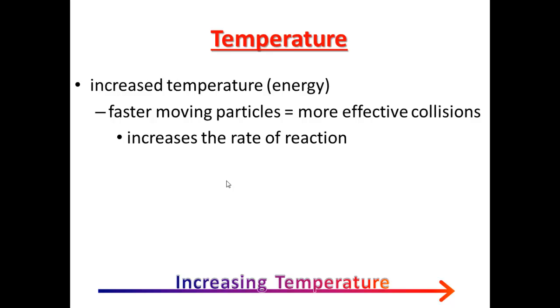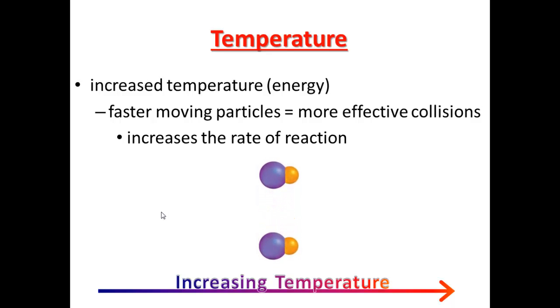It's kind of like if we had a car. If we were at a stop sign and we were only going 1 mile per hour and we actually bumped into another car, we might be going slow enough that nothing really happens. The guy might get a little mad, but hey, nothing happened to his car.